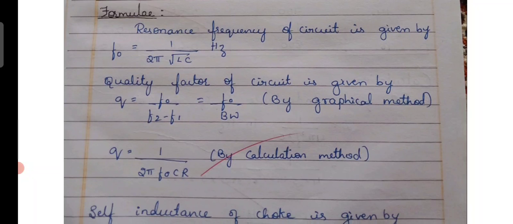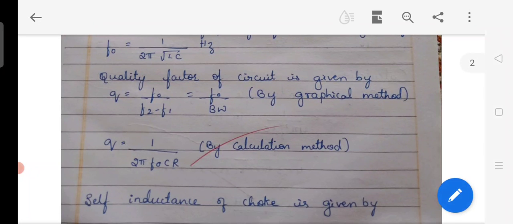Then, the quality factor is going to be determined in two ways, one from the graphical method and another by the calculation method. The quality factor by the graphical method is given by F0 divided by F2 minus F1, where F0 is the resonant frequency, and F2 and F1 are the cutoff frequencies.